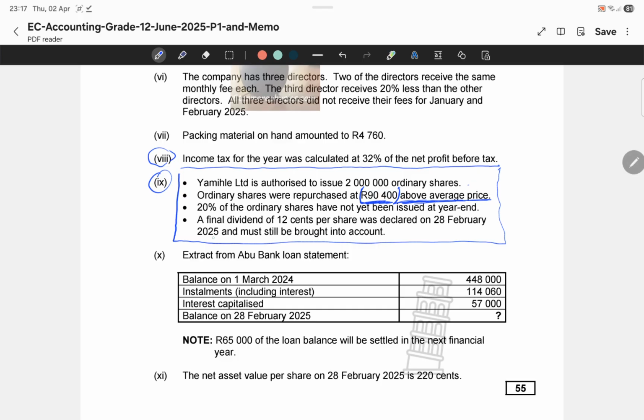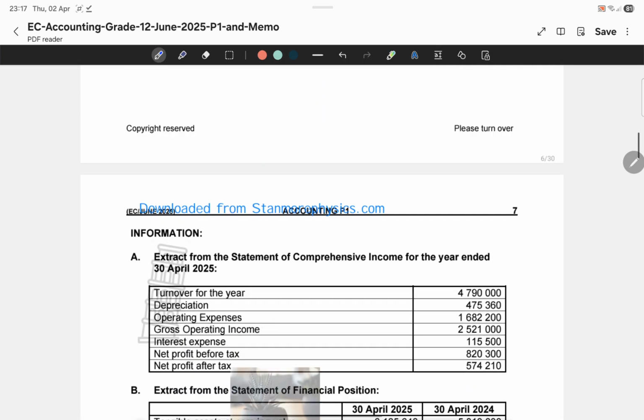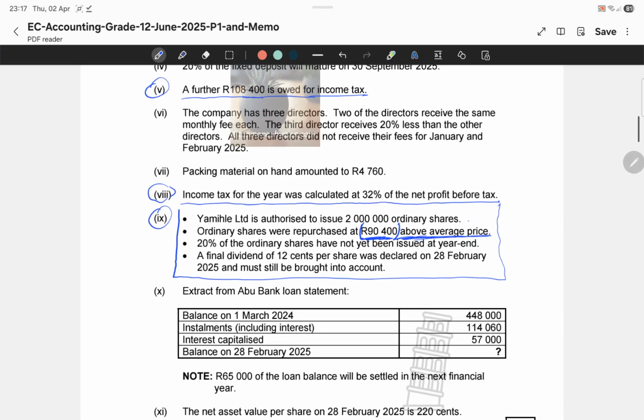Okay, let's continue. Bullet number 3 says 20% of the ordinary shares have not been issued at the end of the year. Remember, the ordinary shares that we must issue is 2 million. Then they say 20% of this 2 million have not yet been issued at the end of the year, which means at the end of the year only 80% of the ordinary shares were issued. Why do I say 80%?